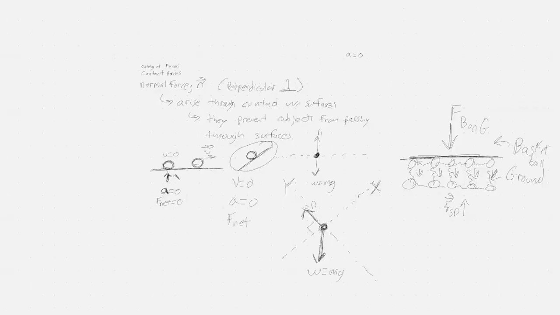If that was true, then what I could say is that F net y would have to equal 0, and so would F net x, because the only way for a vector to be 0 is if all of its components are 0.